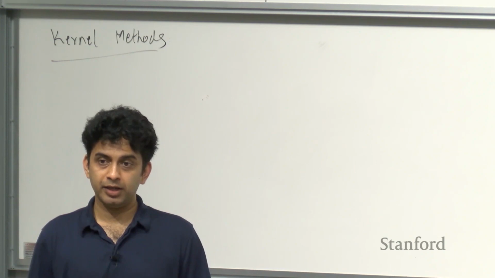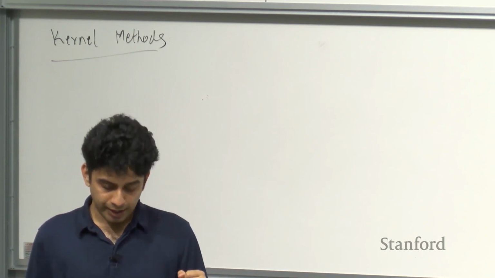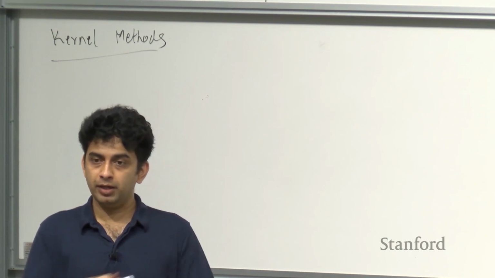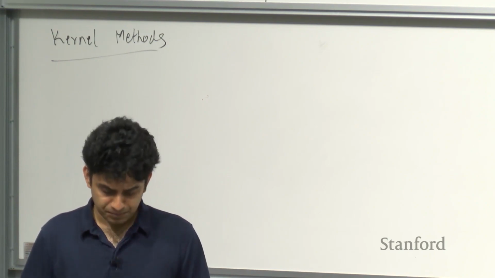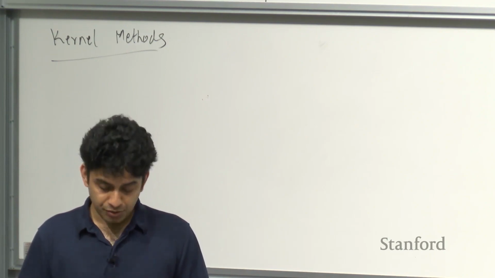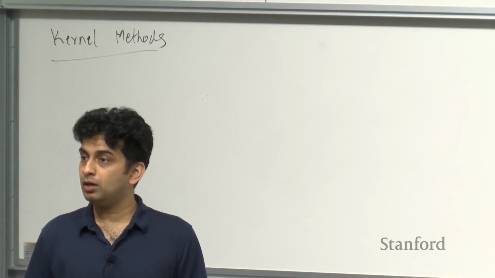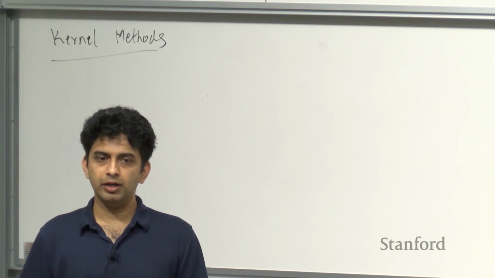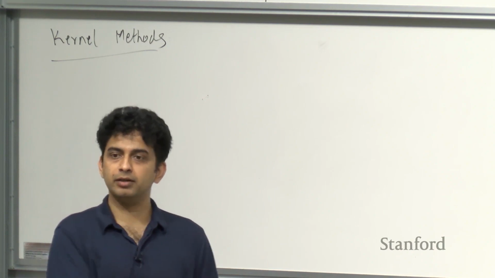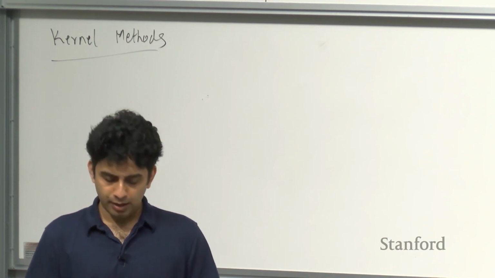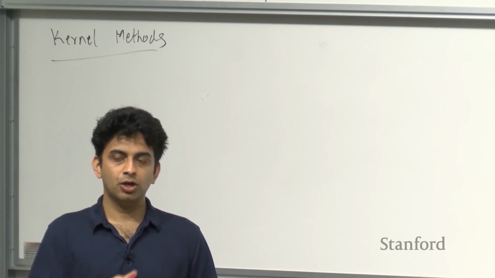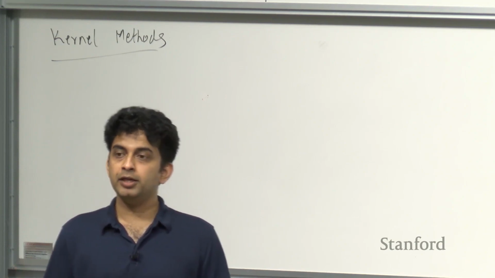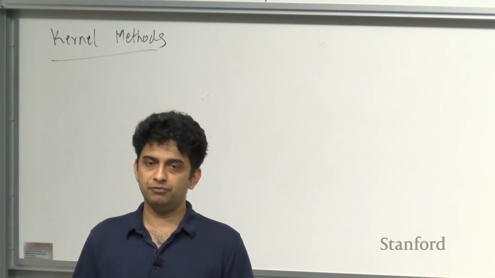For example, linear regression gives you a linear hypothesis in x, and logistic regression gives you a linear classifying boundary in your data space. However, as you've probably seen in your homework 1, question 5, you can actually start constructing nonlinear hypotheses using linear regression. And similarly, we can also construct nonlinear classifiers using logistic regression by including higher order features.